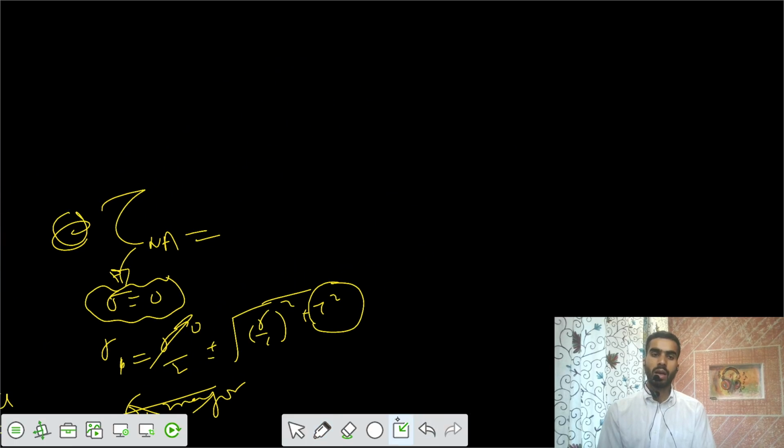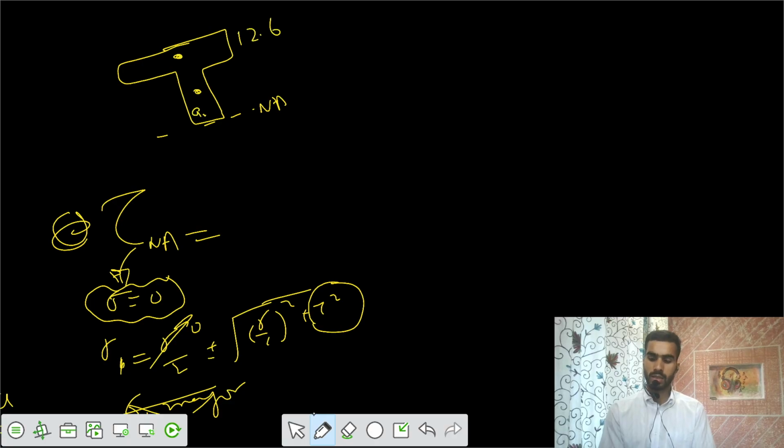I would say tau at the neutral axis is V A y bar by I t. Your area is, we have that T section about the neutral axis, with a thickness of 12.6, a web thickness of 7.9, and a depth of 206 minus 12.6, and this part is your 204.